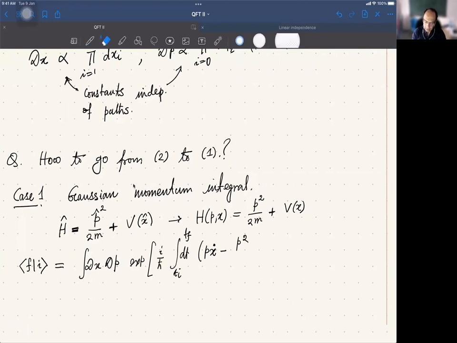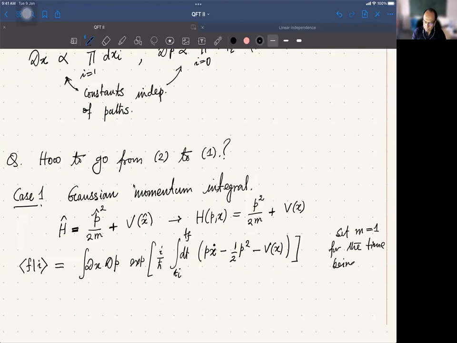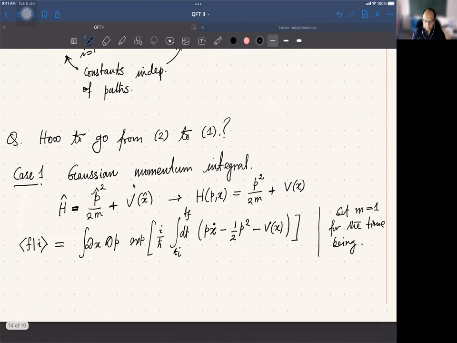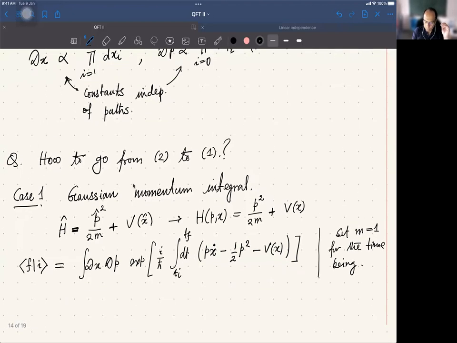Let us set m to 1, which can be recovered later by dimensional analysis, not a very big deal. Now we have to calculate this.